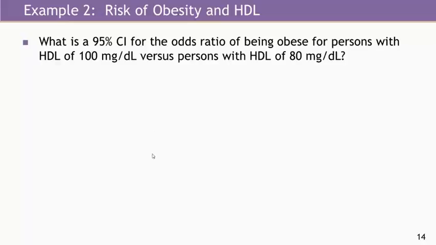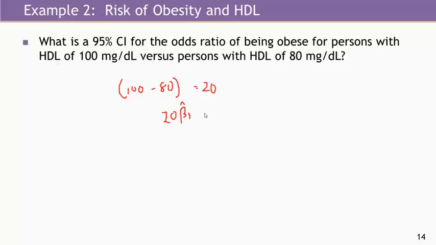Perhaps the easiest way to do it would be to do it on the slope scale. We know that a difference now in 20 units of x1, because 100 minus 80 is 20, results in a 20 unit difference in the slope. And we've seen this many times by now.